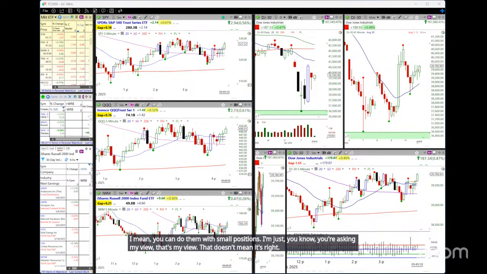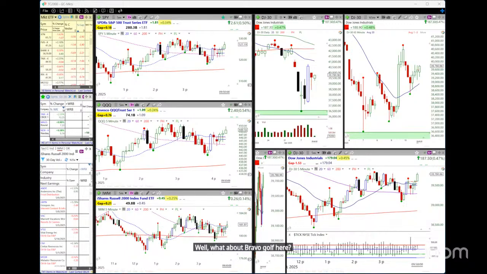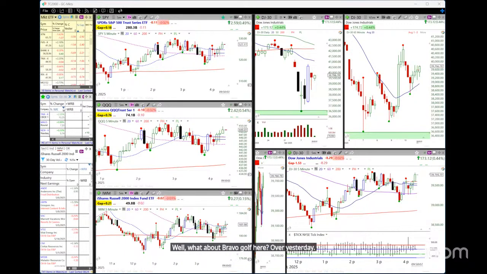Well, what about Bravo Golf here over yesterday? I wouldn't. It's a piece of crap. It's in a sideways downtrend mess. Well, gap reversal, of course. It could go up. Everything had a gap reversal because that's what the market did.